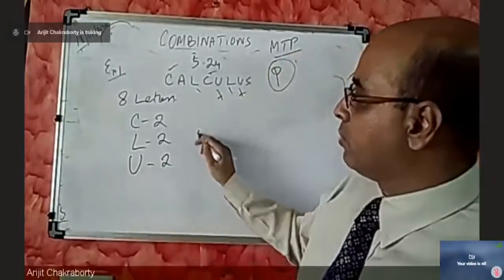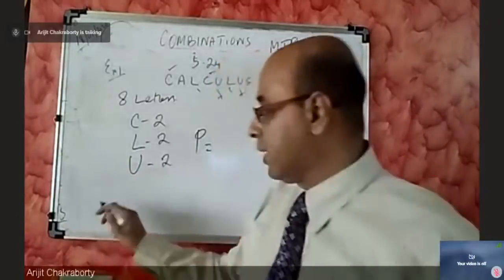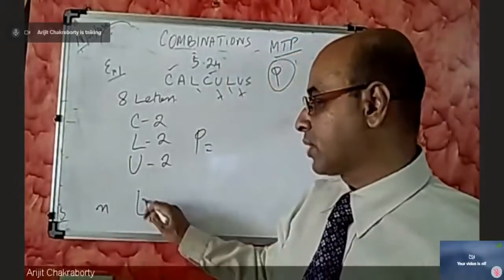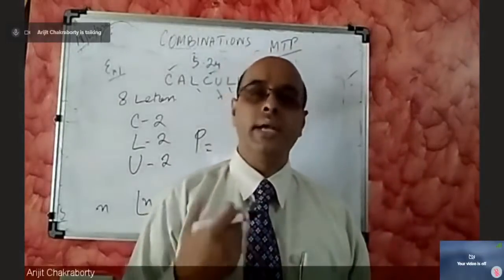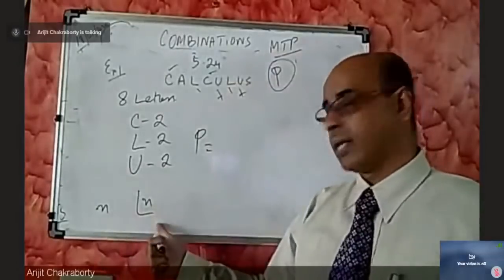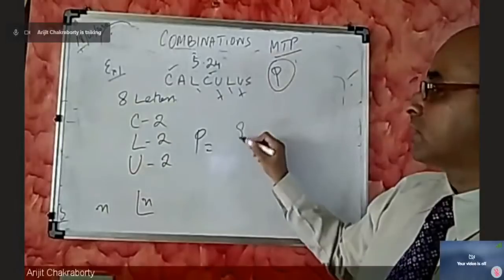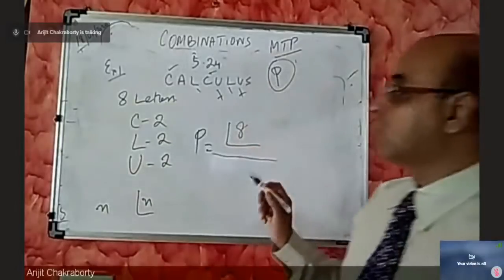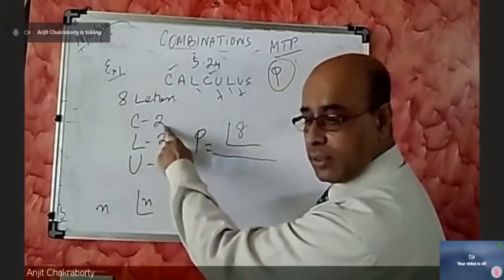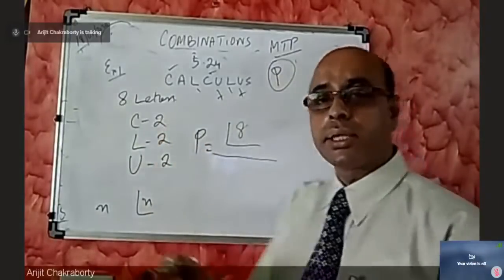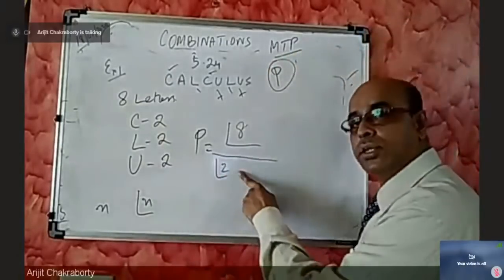If there are n things, the permutation formula is n factorial. N objects can be arranged in n factorial ways. So 8 letters altogether can be arranged in 8 factorial, but out of them, 2 are C. These 2 letters can be arranged in 2 factorial, so this will go in the denominator.